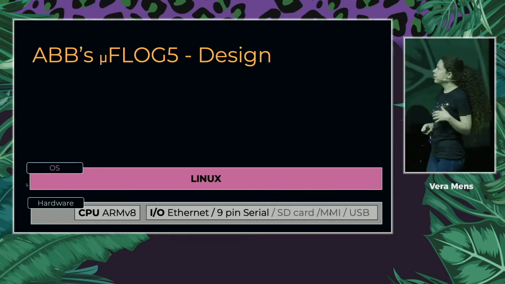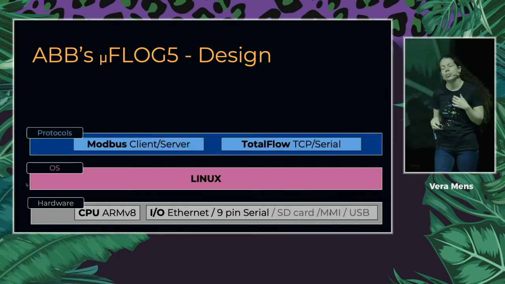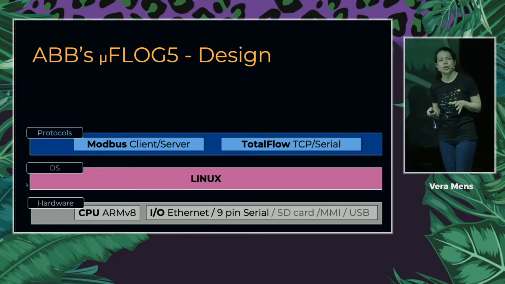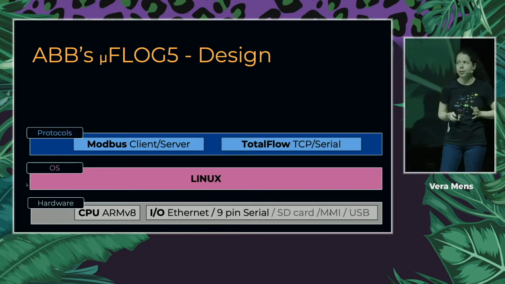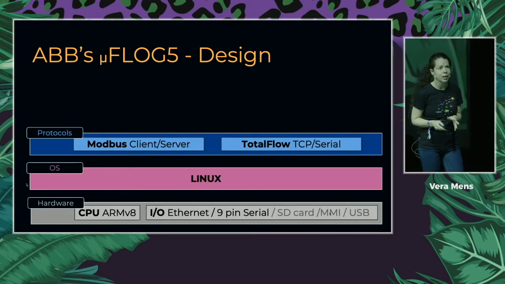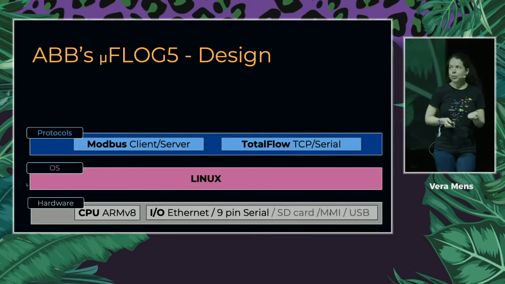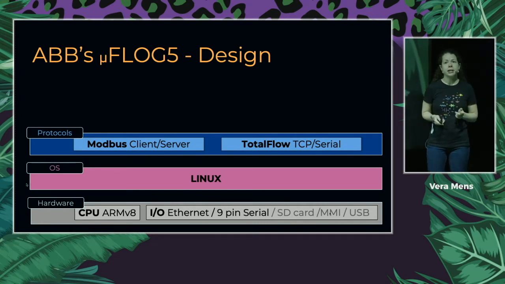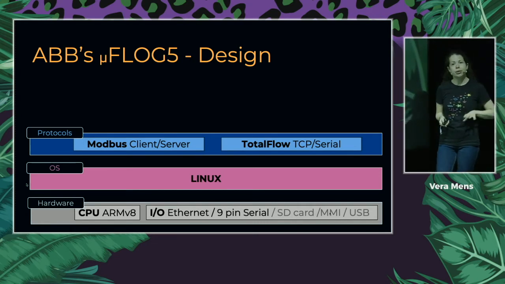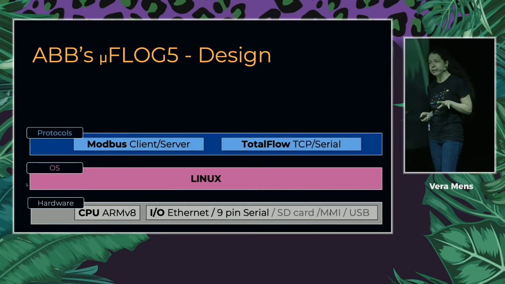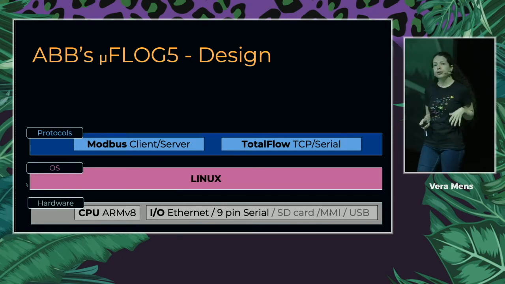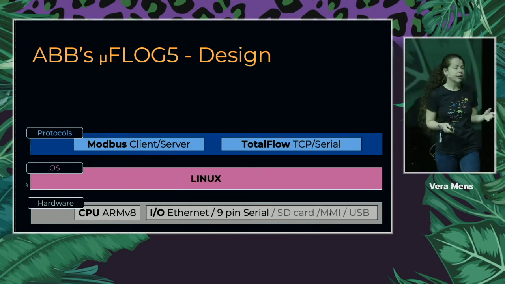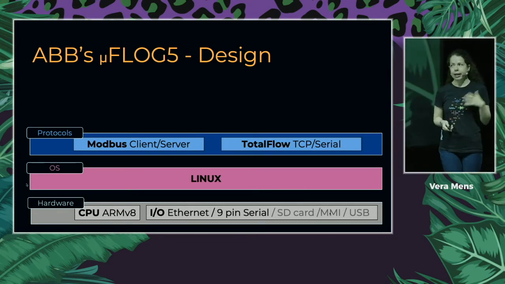The two main protocols implemented are Modbus, which is a fairly popular protocol used in many OT devices, as well as the TOTALFLOW protocol. We will talk about it a little bit later. It is a proprietary protocol developed by ABB itself, and it is used for configuring the device, viewing flow measurements, and many other things.